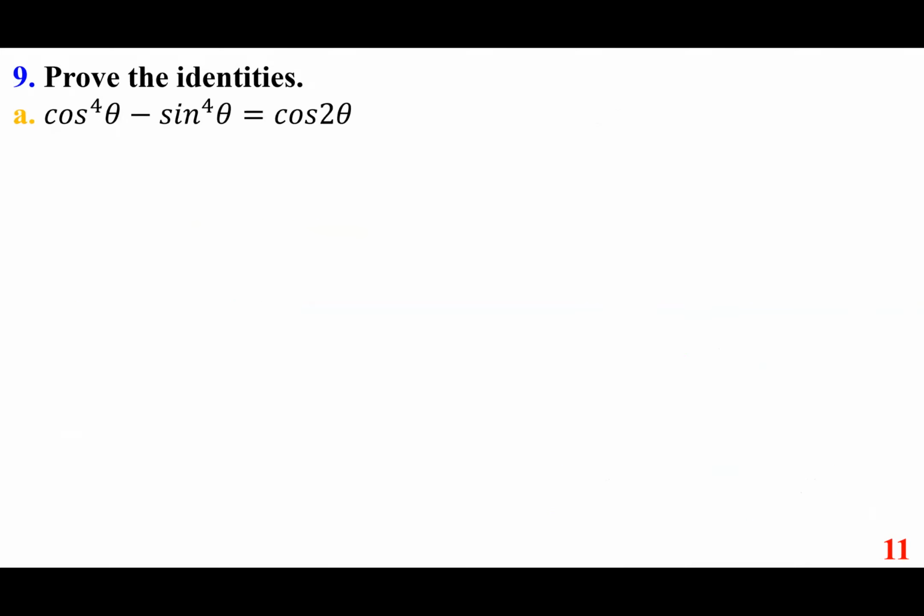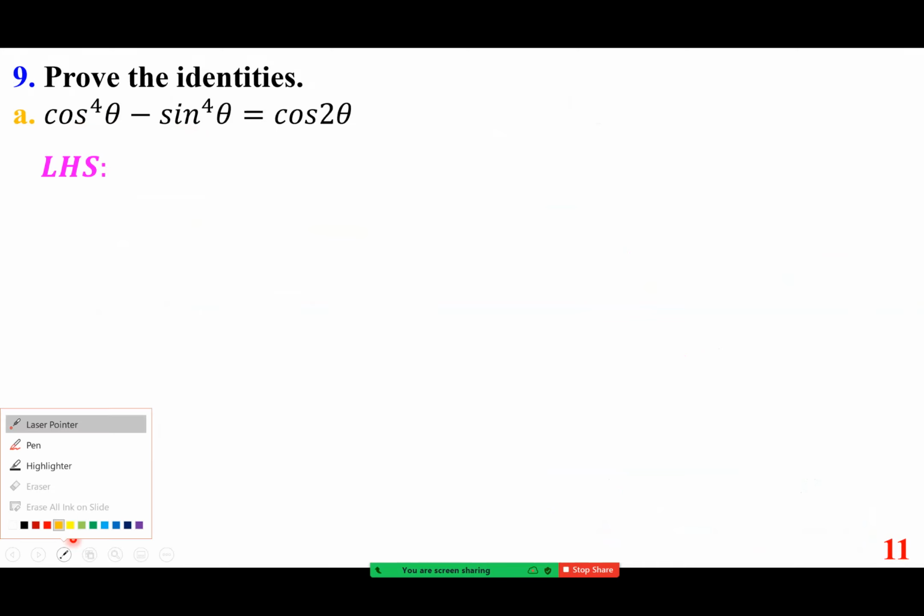We want to prove this identity starting with the left-hand side. As you can see, we can use the factoring. Remember, a squared minus b squared is a plus b, a minus b in any order.